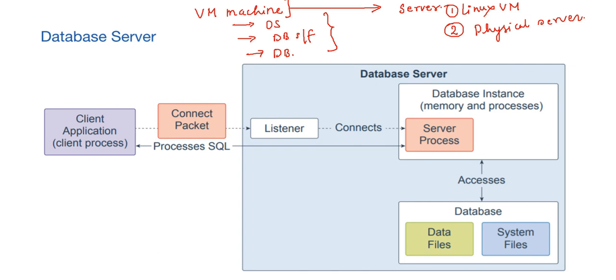So keep in mind that if Linux is installed on any server or virtual machine, whether Red Hat or whatever Linux is, and the database software is installed on top of that, and the DB is installed, whatever the version, 19c, 12c, 11g, it can be considered a DB server. Where the database is installed is known as the database server.